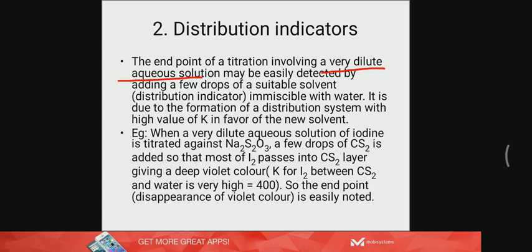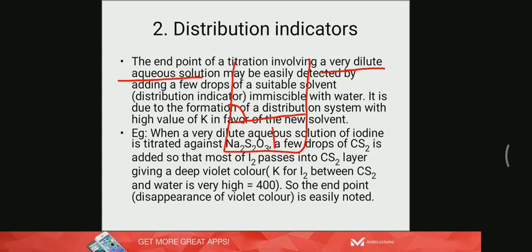So there develops a distribution system. See, you have a very dilute solution of iodine here. What you do is you add a few drops of CS2. So it is a two immiscible liquid system now, water and CS2, which are immiscible.